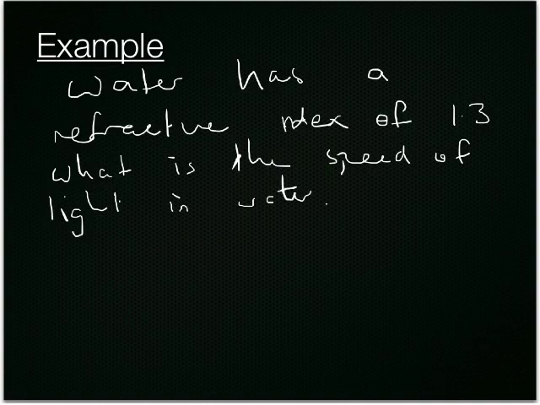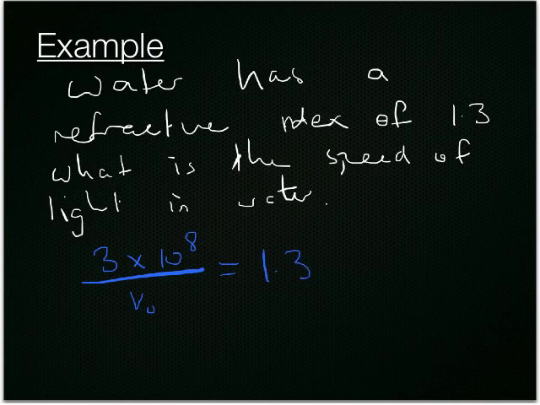So the ratio of the speed in a vacuum divided by the speed in water is equal to 1.3. So we want to find this one. It's on the bottom line, so we're going to take the one at the top and divide it by the other one.